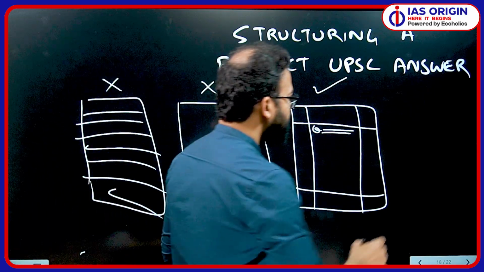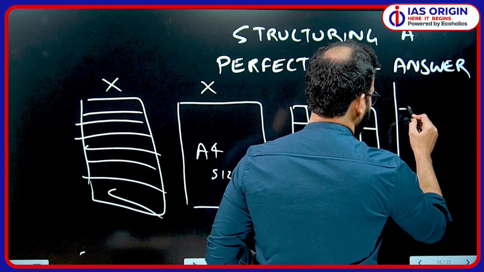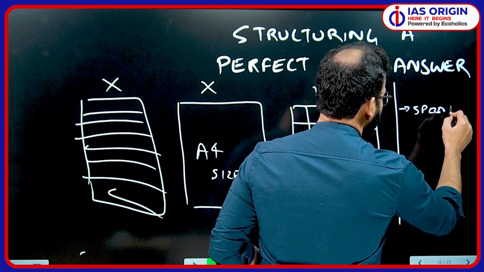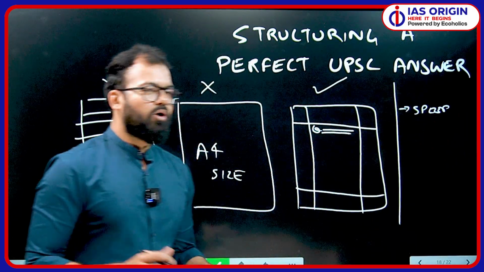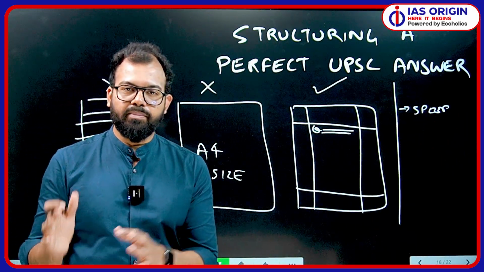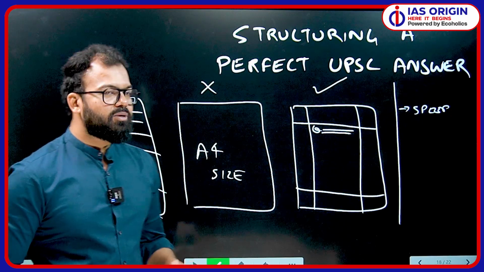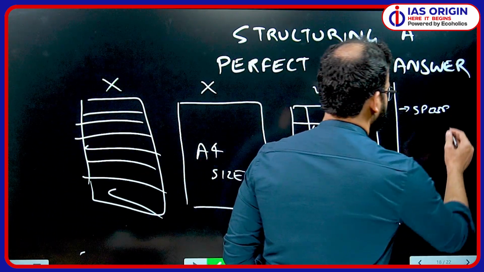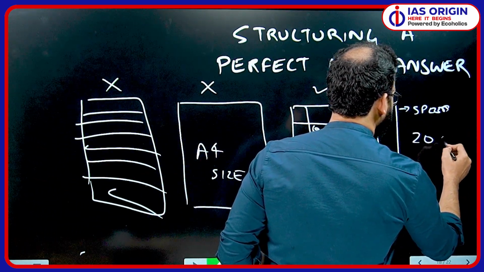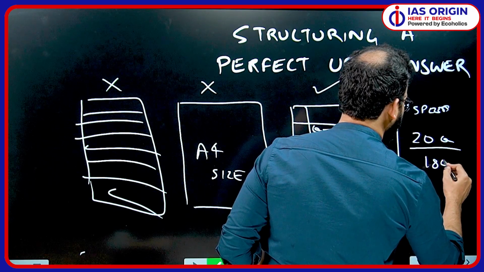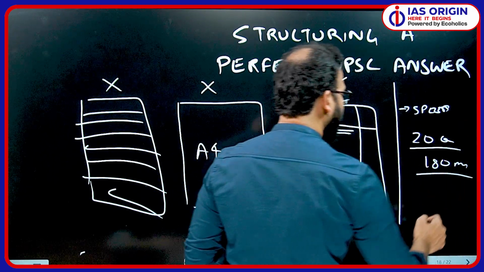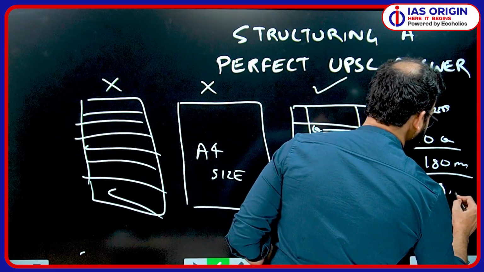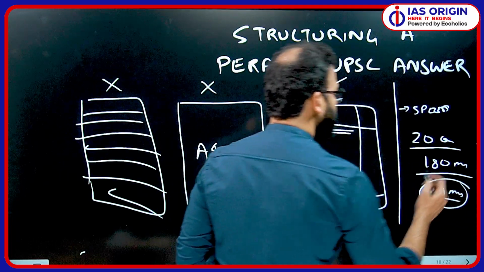Second thing is the writing speed. Generally, the speed we need is approximately 30 words per minute, so first you need to develop that speed. For example, you get 20 questions in 180 minutes, and under that you get approximately 9 minutes to write 2 pages.